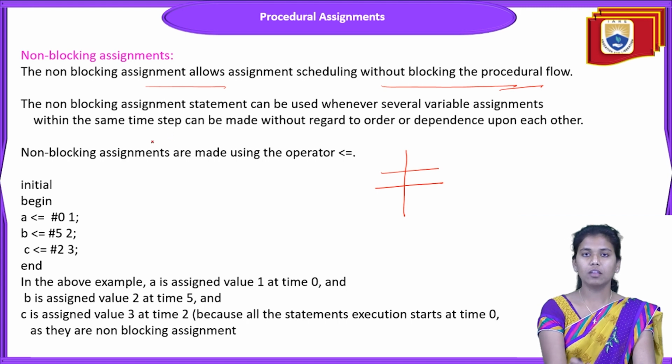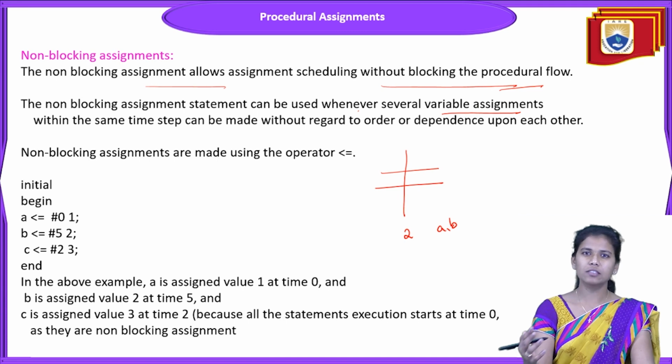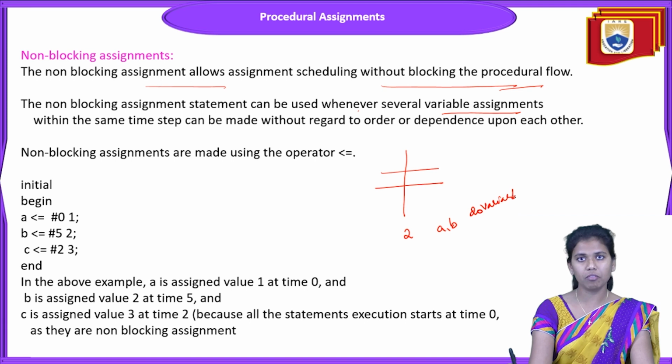That means the non-blocking assignments can be used whenever there are several variable assignments. Sometimes we see only two variables, A and B. In other cases, we see more than two variables, A, B, C, Z, and so on, more than 20 variables if you are observing anywhere.